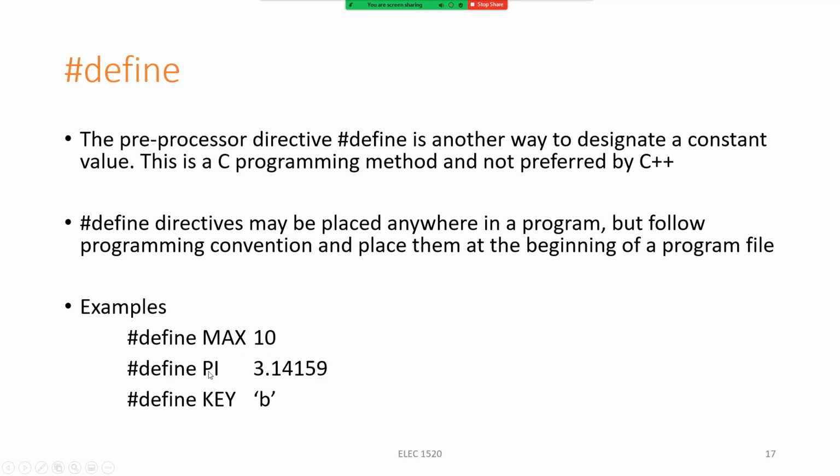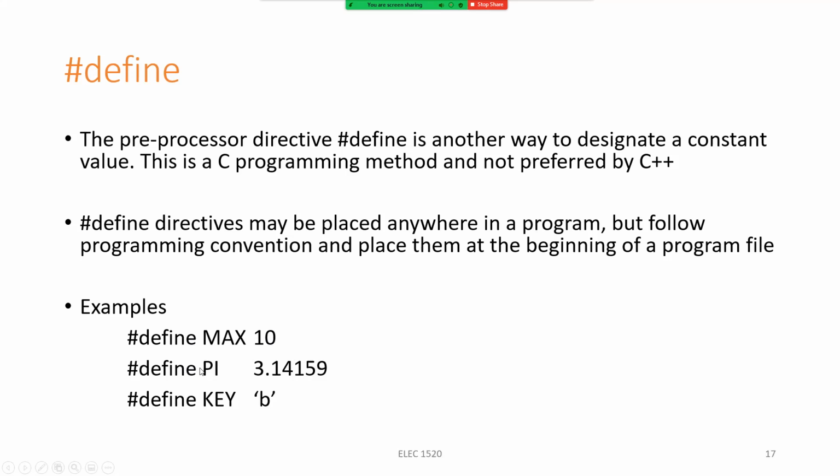Pound define PI 3.14159. So this is different than our const double pi equals 3.14159. And have you noticed that with a pound define directive, you do not use that assignment operator, that equal sign? If you do, the compiler will tell you there's an error. So we don't use the equal sign with pound define.